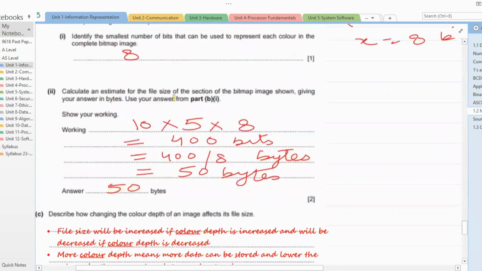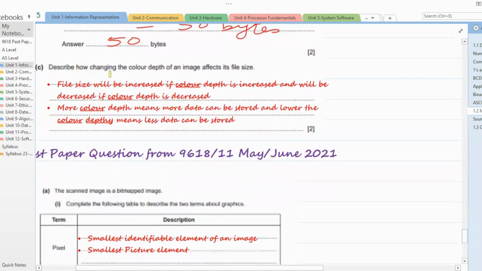Now, next question is describe how changing the color depth of an image affects its file size. We have just learned the effects of changing color depth or resolution on the file size. So file size will be increased if color depth is increased and will be decreased if color depth is decreased. So you have to write 2 points as it is a 2 mark question.